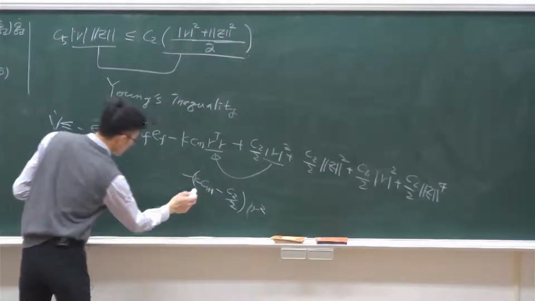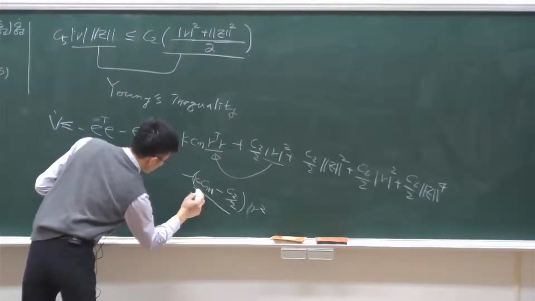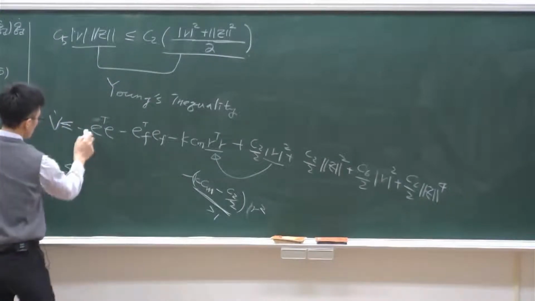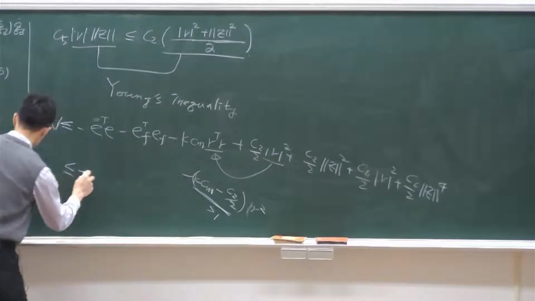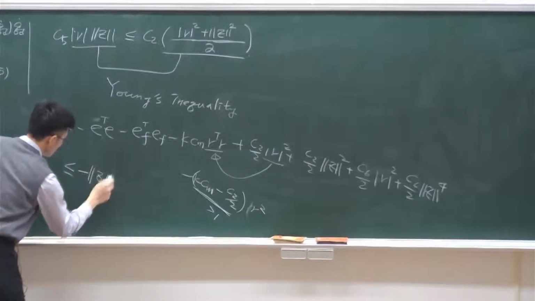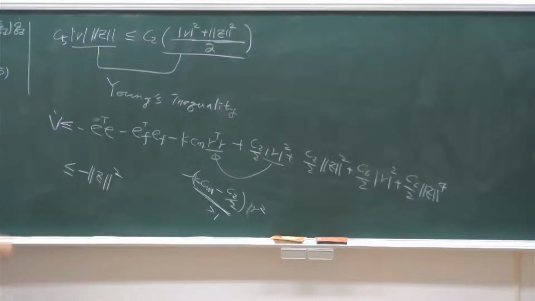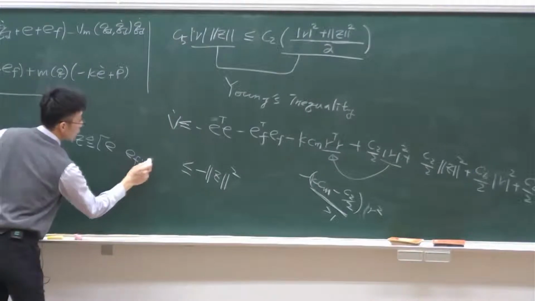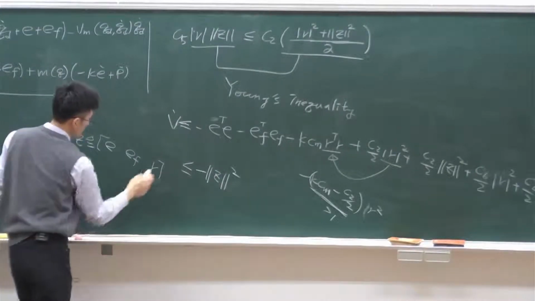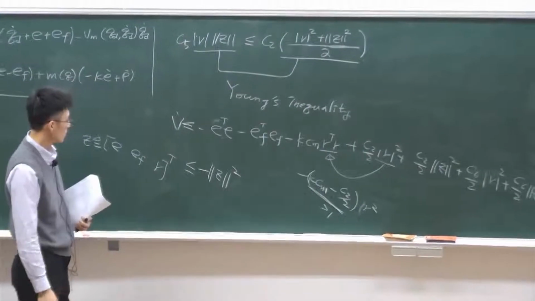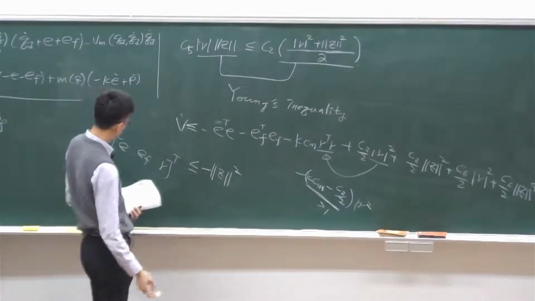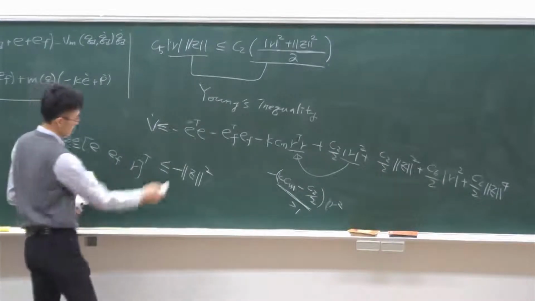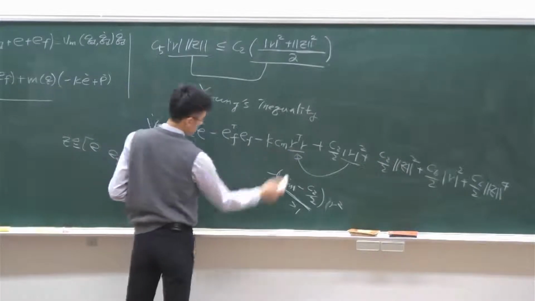Okay, so we say if this is greater than 1, then you can further upper bound these three terms by minus z norm squared. Because z, again, by definition, is the combination of the three signals, three states, okay? And z norm means e squared plus ef squared plus r squared, okay?